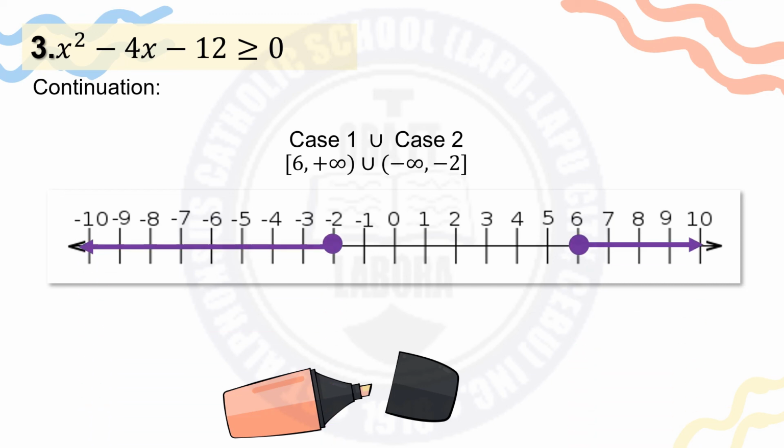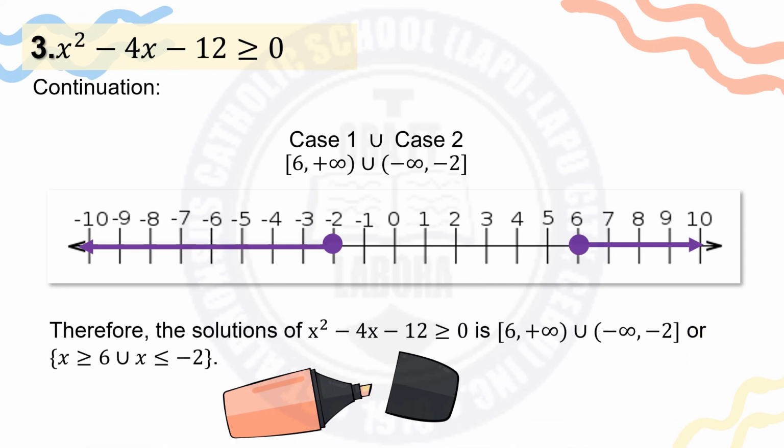For our conclusion, we could say: therefore the solution of x squared minus 4x minus 12 greater than or equal to 0 is from 6 to positive infinity and from negative 2 until negative infinity, including 6 and negative 2.